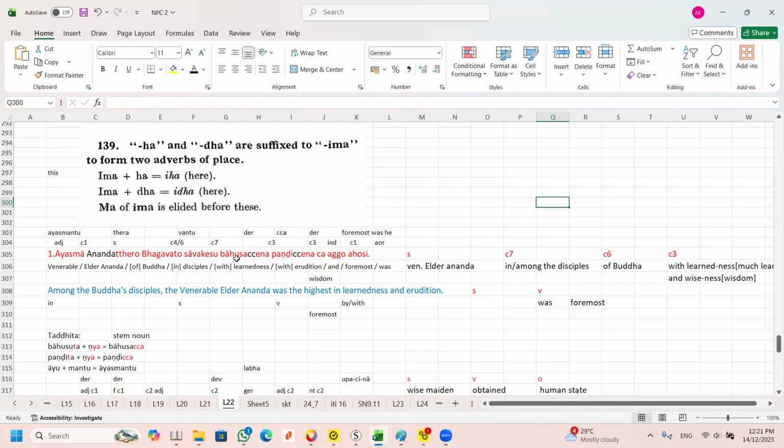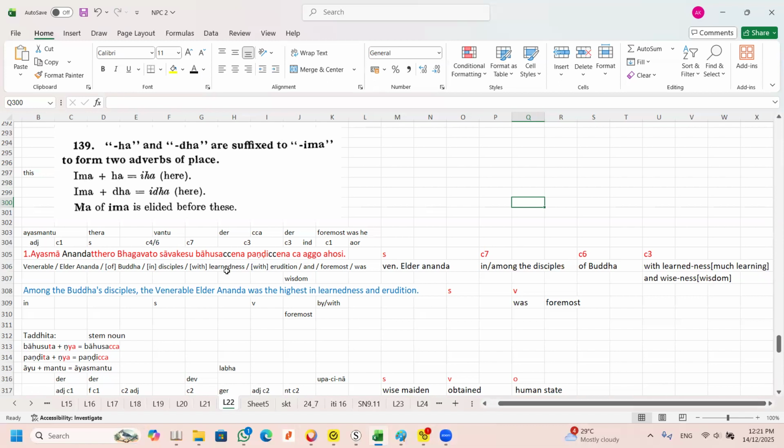And then of course, this Bhagavato, that means it has to be genitive case. That means among the disciples of the Buddha. Okay. Then come to this, you can see just now is a Bahu Sacha. Bahu Sacha, Bahu is much.